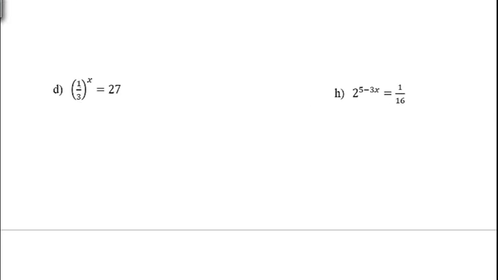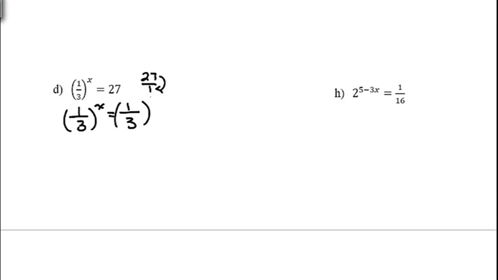In our next example, we have 1/3 raised to the x equals 27. We want to write 27 so that it's 1 over 3. Right now 27 is like 27 over 1, so we really need this number to drop down into the denominator.